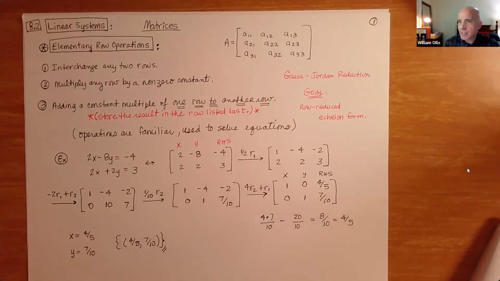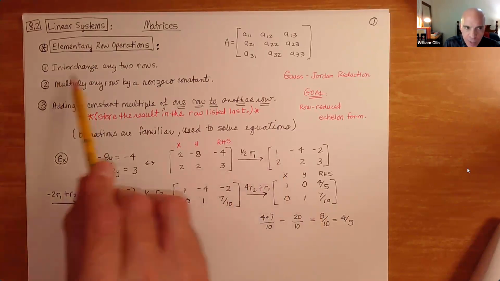That's inconsistent in any book. So if you get a row that reads that, then you know you have no solution. And of course, you'll check your arithmetic to make sure you got it legally. But the important thing to notice here is that by creating the leading ones and the zeros, we make it very simple to read the solution.